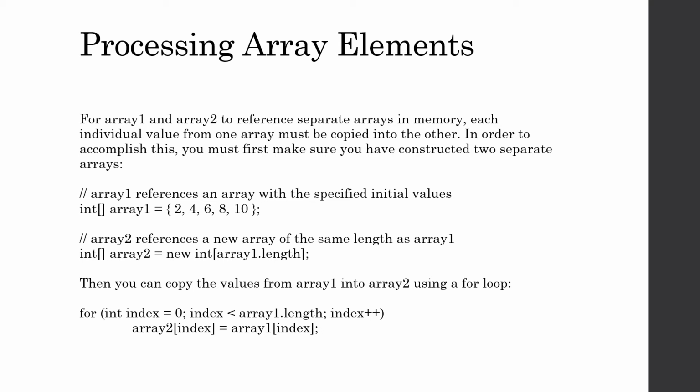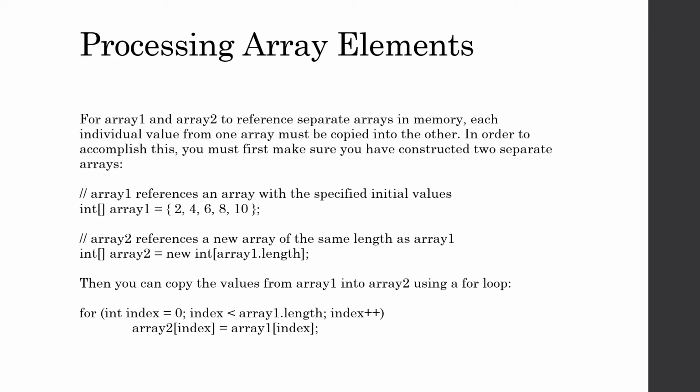In order to accomplish this, you must first make sure you have constructed two separate arrays. So array 1 is going to reference an array with the specified initial values, so we've already got that set up for us. Array 2 is going to reference a newly constructed array of the same length as array 1.